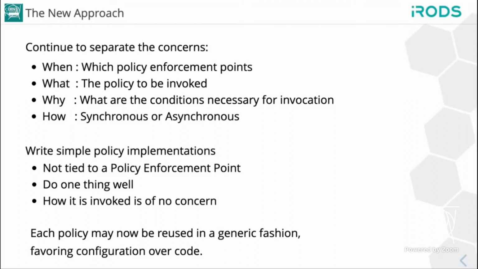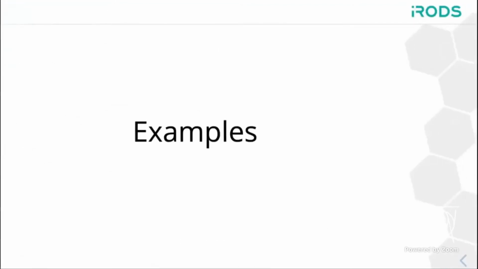That becomes just the when. And the what you want to do can be focused and separated. And then how it gets invoked is of no concern to the policy itself, whether it's now or later. And so at this point, you've got policies that can be separated out, they can be reused in a generic fashion, and allow you then to compose them.